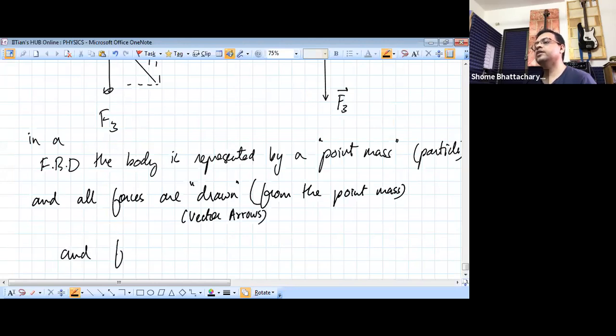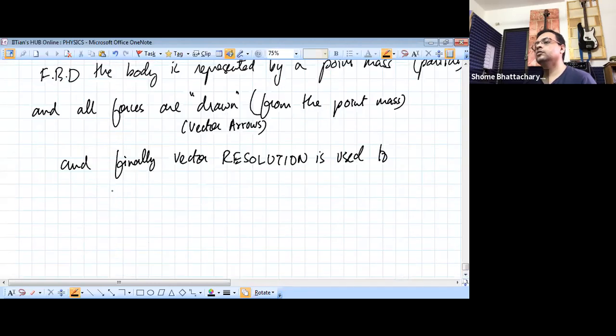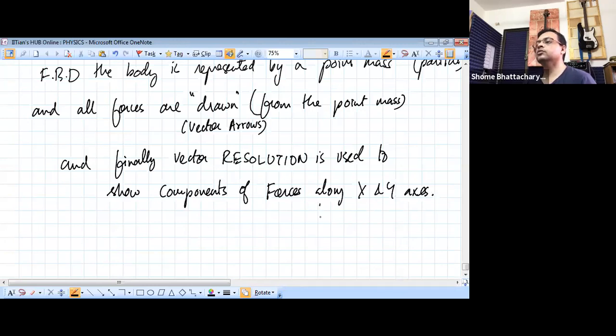And finally, vector resolution is used to show components of forces along x and y axis. Okay. And once that is shown, what happens? Newton's second law, that net force is equal to mass into acceleration, is now solved in component form.